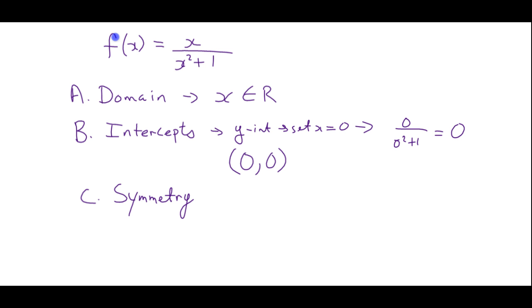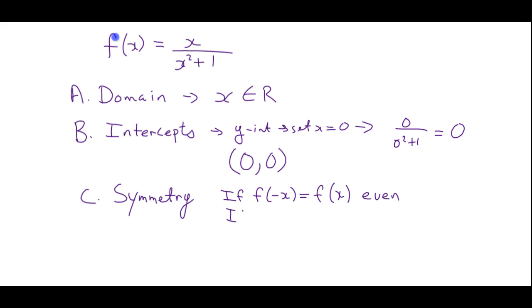So, if you remember symmetry, if f of negative x is equal to f of x, then that's even symmetry, right? Which is just a reflection in the y-axis. So like a parabola, you know, that was just centered.